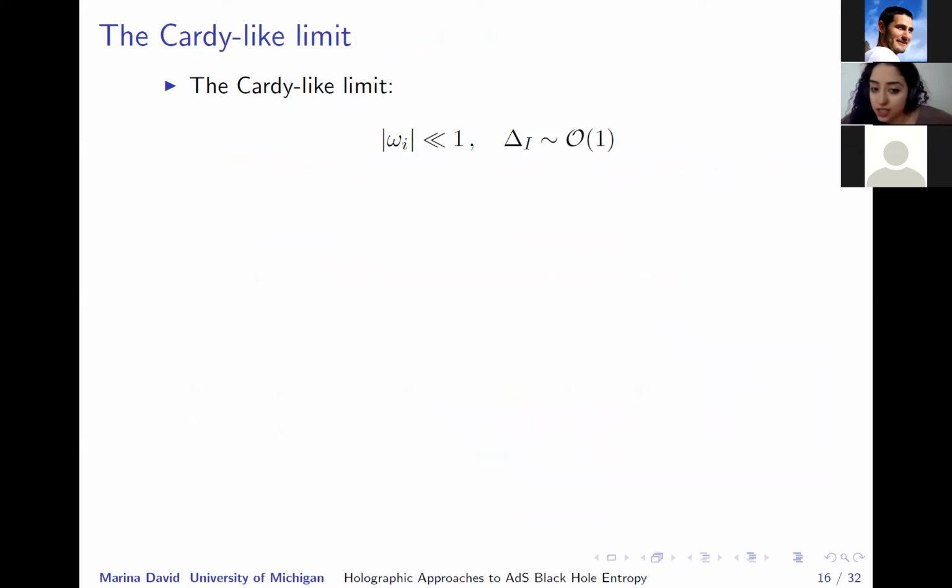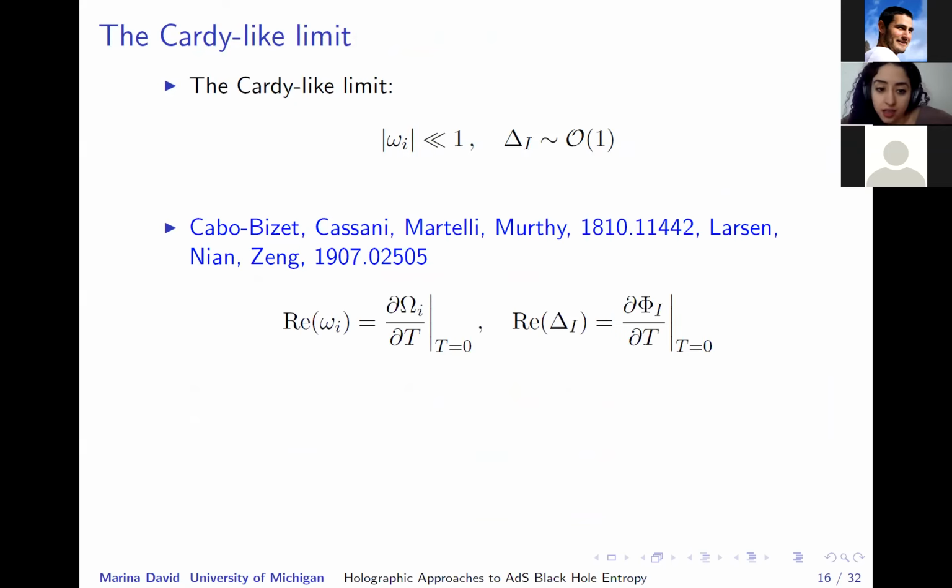So again, here's the Cardy-like limit, and it has been shown that omega can be related to the temperature derivative of the angular velocity at extremality.